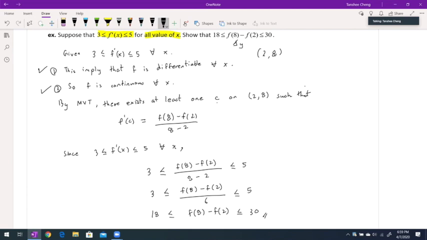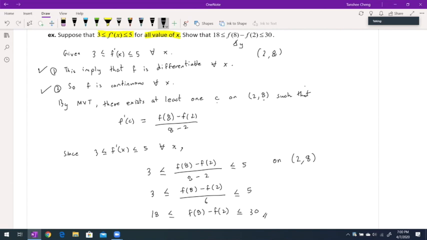And from the mean value theorem, we know that between 2 and 8, f prime of c is equal to the slope of the secant line. So therefore, the slope of the secant line is trapped between 3 and 5 on the interval of 2 and 8.